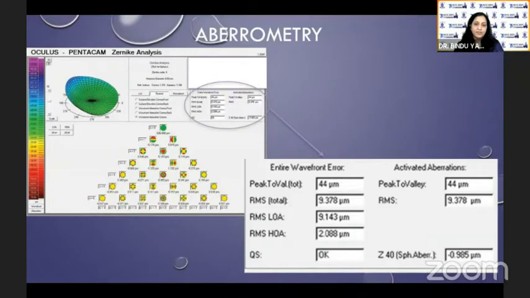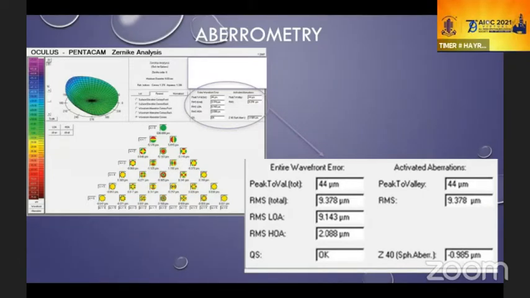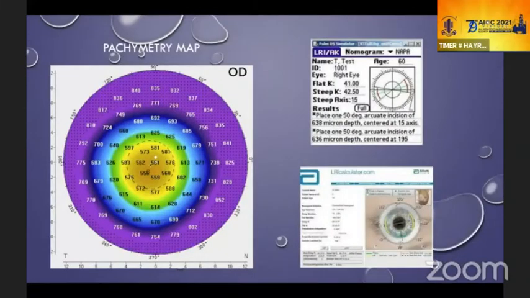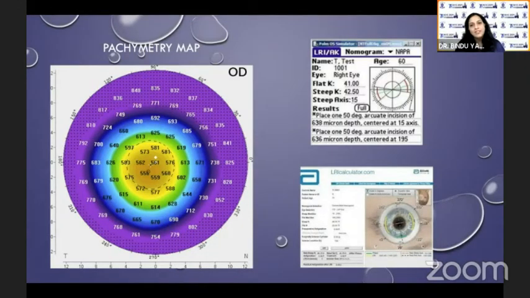But if your higher order aberration is not close to the spherical aberration, then possibly these patients also have coma or trefoil, and they are not the ones for multifocal IOLs because they will have dysphotopsia post-operatively.